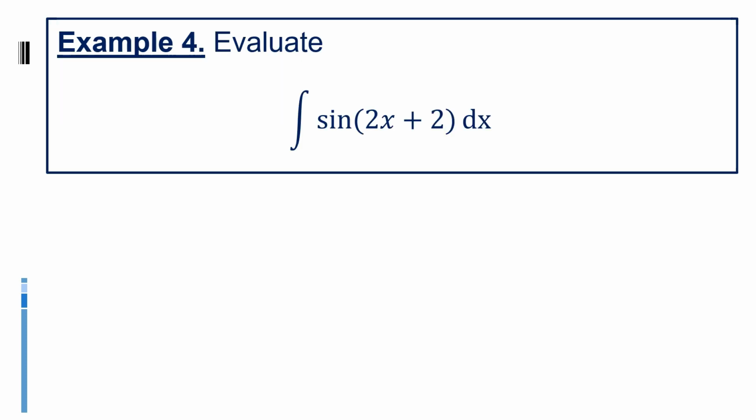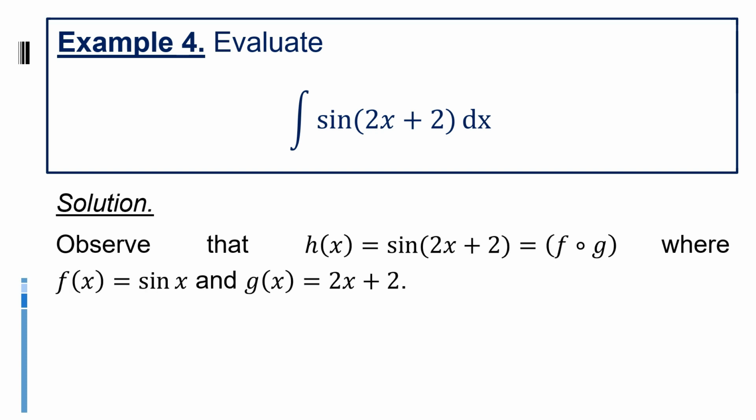Let's evaluate the integral of sine 2x plus 2 dx. So for our solution, observe that h of x is equal to sine of 2x plus 2. So that is f circle g of x, where f of x is equal to sine x, and g of x is equal to 2x plus 2.